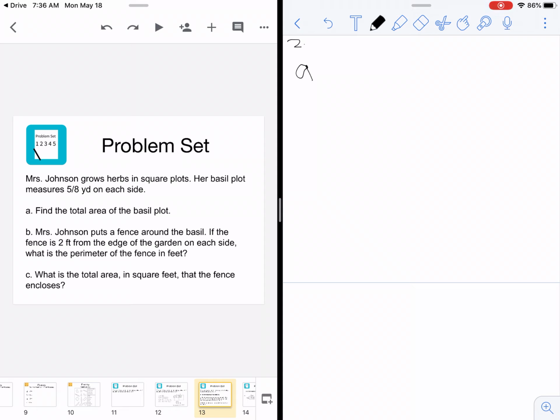Find the total area. So the area is 5/8 times 5/8.